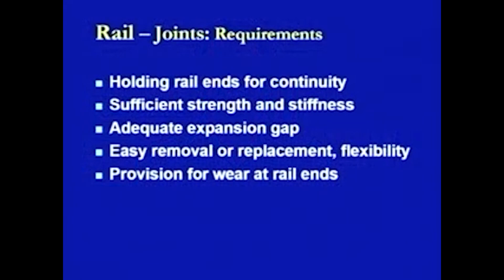Then provision for wear at the rail ends has to be made. It means that whatever wear is going on, we are not going to change or replace the rail section as soon as the wear has started. We have seen in the case of wear that there is a certain amount or percentage by which wear is allowed as far as the sectional weight of that component is concerned.